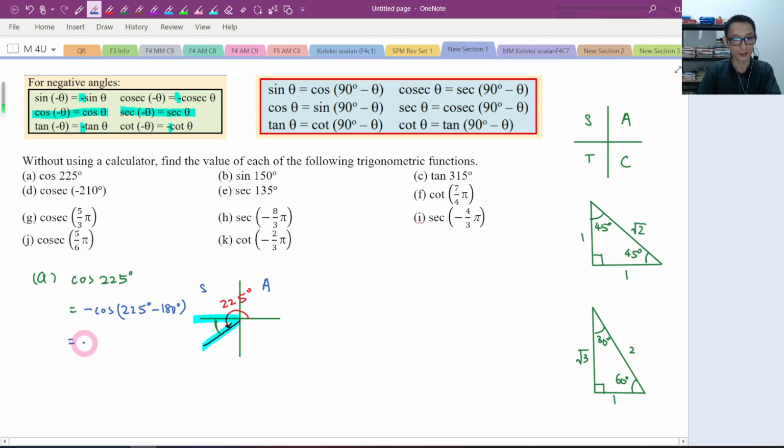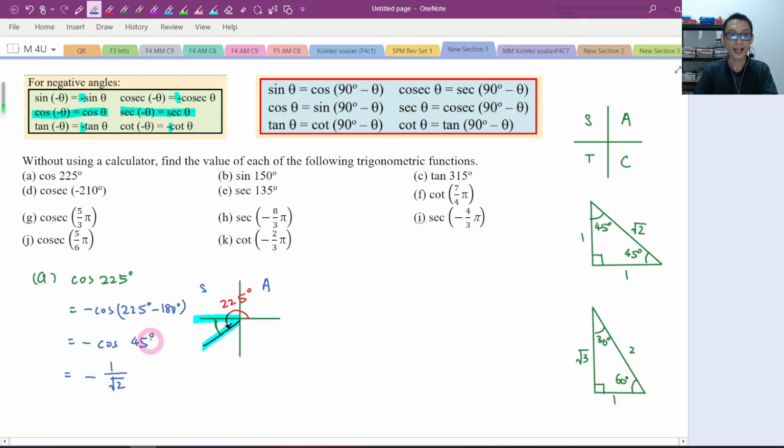Okay, now negative cosine 45 degree. The negative we just copy. Cosine 45 degree, you can use a calculator, but since the question tells us without using a calculator, we need to use this triangle. So remember these two triangles. CAH, 1 over square root of 2.